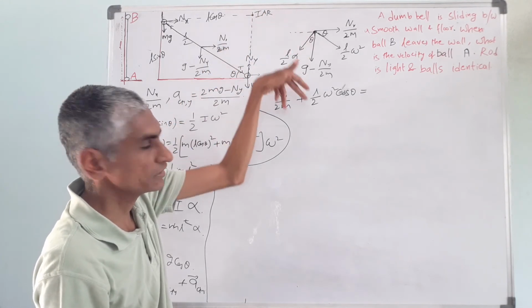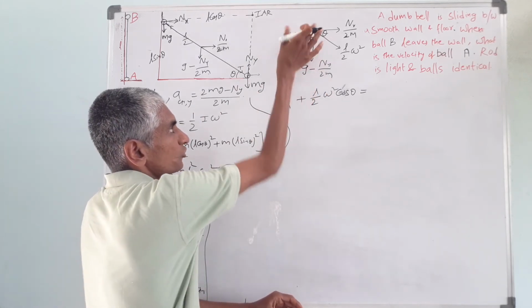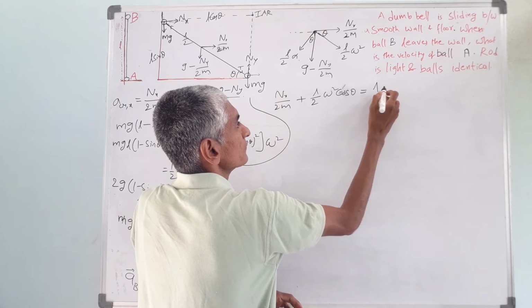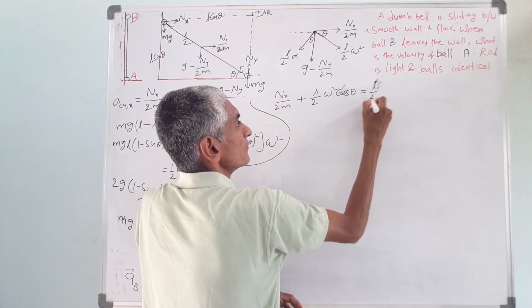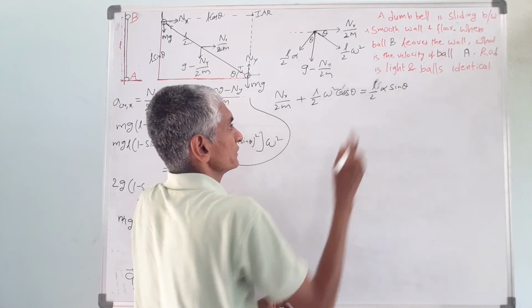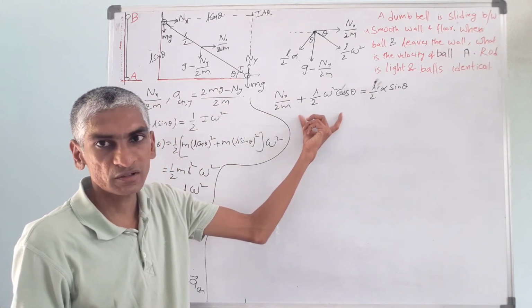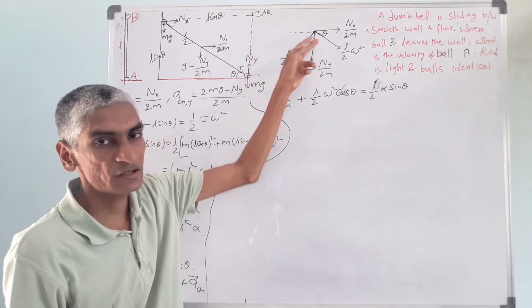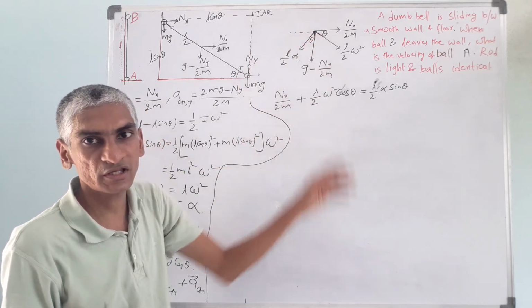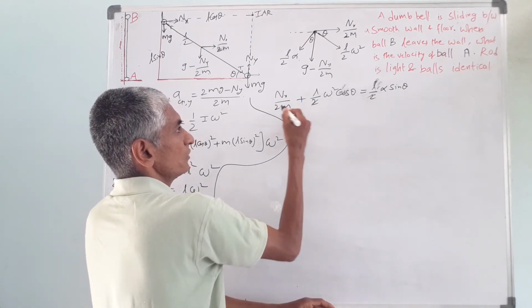This is anyway vertical, it has no components in the horizontal direction. So L by 2 alpha component, L by 2 alpha sin theta. So this is the condition for acceleration of B in horizontal direction 0. So now cancel the 2 on all sides.